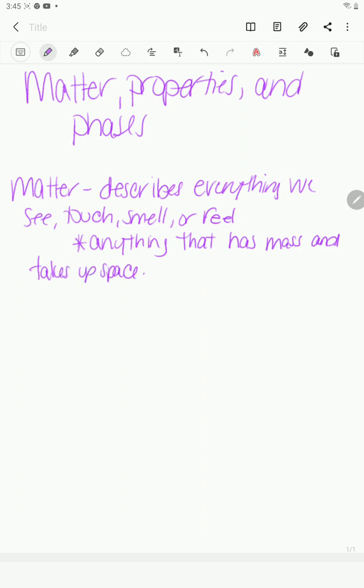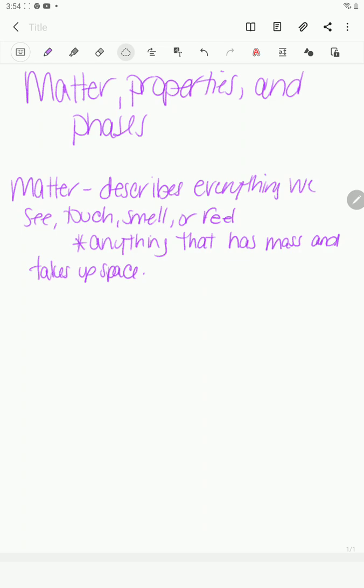Okay, so matter is really anything that has mass and takes up space. Okay, so this is like air, anything that we have, pencils, pens, tables, grass, everything.